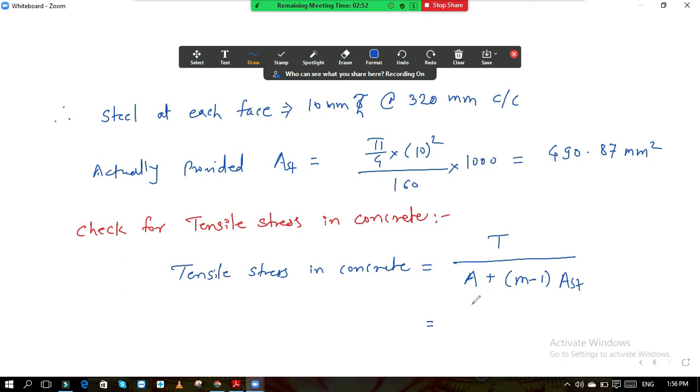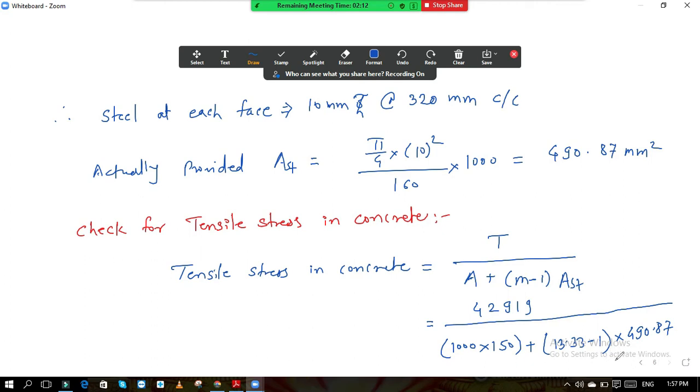Then what is our hoop tension T? We have calculated 42919 divided by what is the area. Okay, per meter, that is 1 meter we have considered, so it is 1000 mm into thickness 150, plus m is the modular ratio. The value of m is taken as 13.33, minus 1. Okay, this is the modular ratio in working stress method, into AST, it is 490.87.